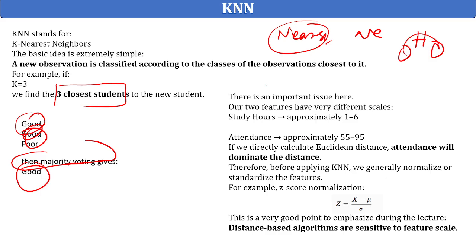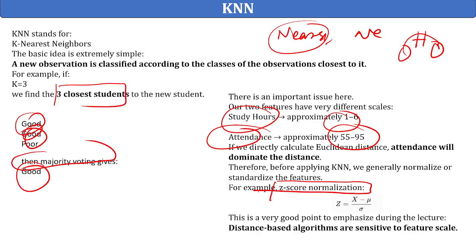Let's say we have study hours from 1 to 6 hours and attendance of approximately 50 to 95%. In that case, we have to do Z-score normalization, which comes under data pre-processing. Before the normalization, we have to do data cleansing.